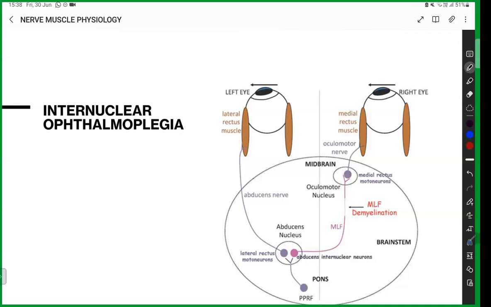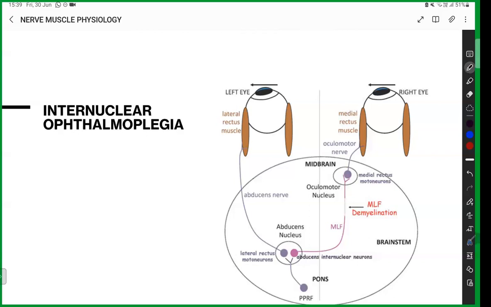At the same time, it will be giving impulse to the medial longitudinal fasciculus to tell your oculomotor nucleus to move your medial rectus. But here what happens? MLF fails. Therefore, your lateral rectus will be moving, but your right eye does not move. Only your left eye will be moving. Right eye will not be moving.